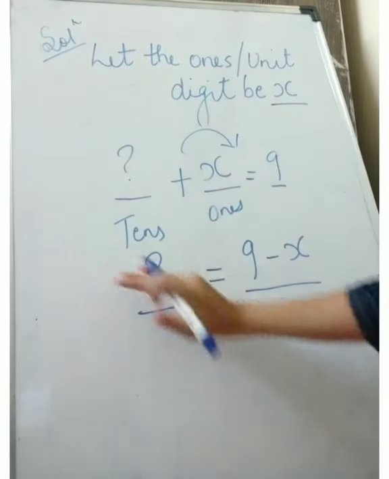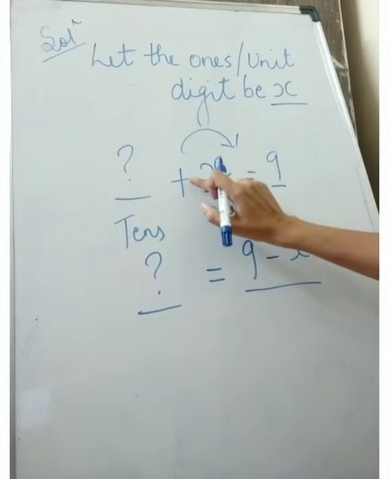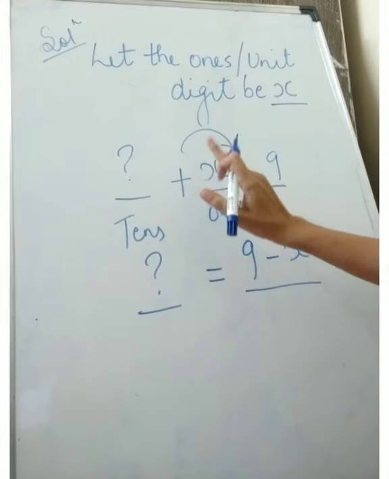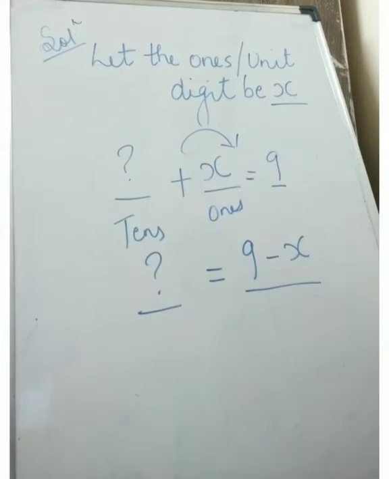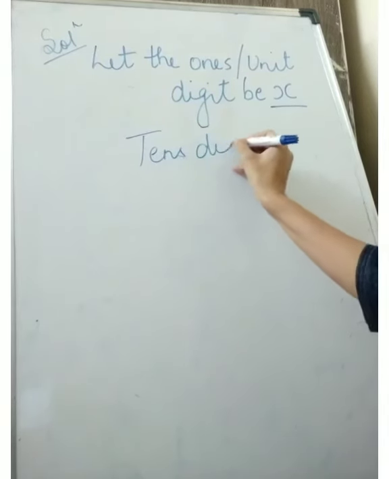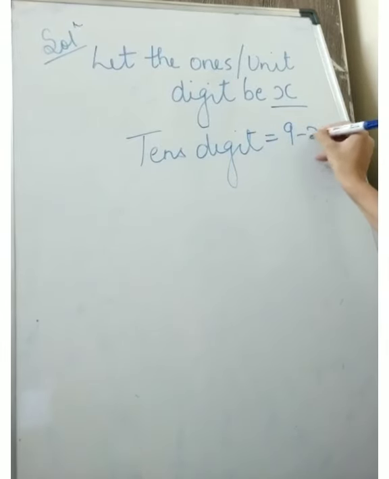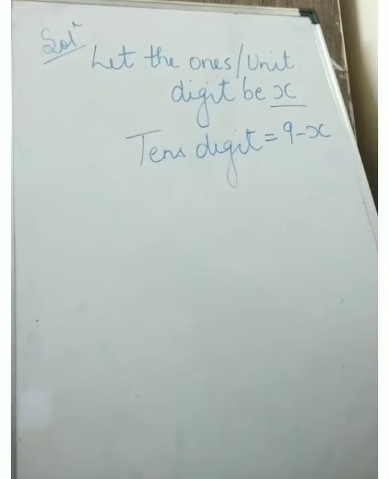Now suppose this question mark part is equal to 9. This plus x will move from LHS to RHS, so it will become minus x. So this will become the tens digit. Is it clear, students? So I will write the tens digit is equal to 9 minus x. I hope it is clear.